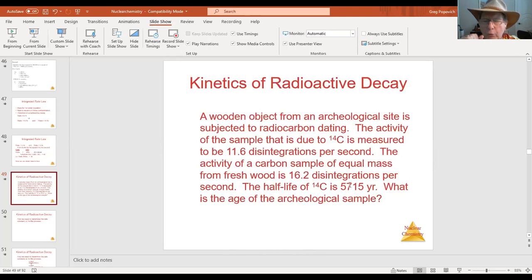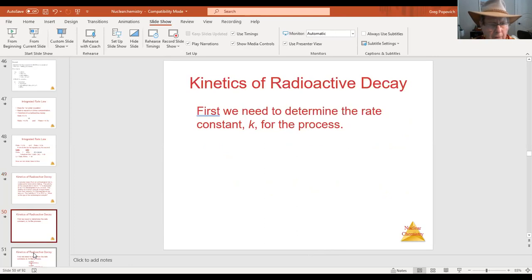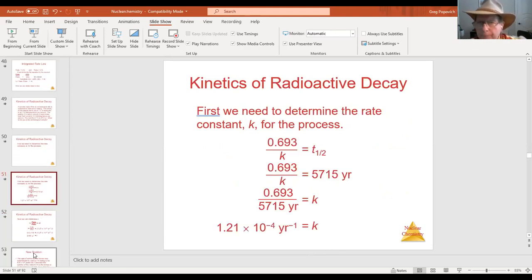I can determine what K is and plug it into that equation and get my time. First step. And guys, you might as well write this number down somewhere because you're going to need it in the future.